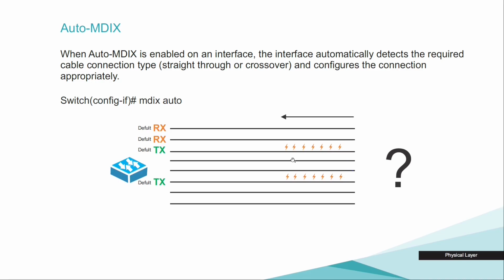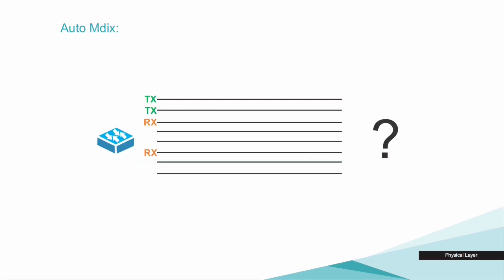In that case, when our switch has Auto-MDIX configured on the interface and it detects data coming at pins 3 and 6, it will change the pins, so pins 1 and 2 will transmit data and pins 3 and 6 will receive data.